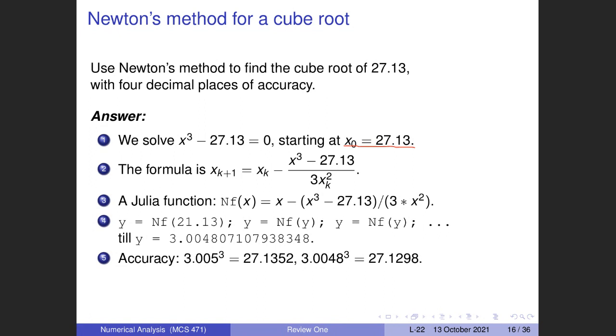We have seen the cobweb diagrams for another problem like this, and actually using x naught equal to the number itself is quite fine here. So the formula we are going to execute via a Julia function. We do this a couple of times, and you look at the first 4 decimal places that you see here. First 4 or 5. If they no longer are changing, you can stop.